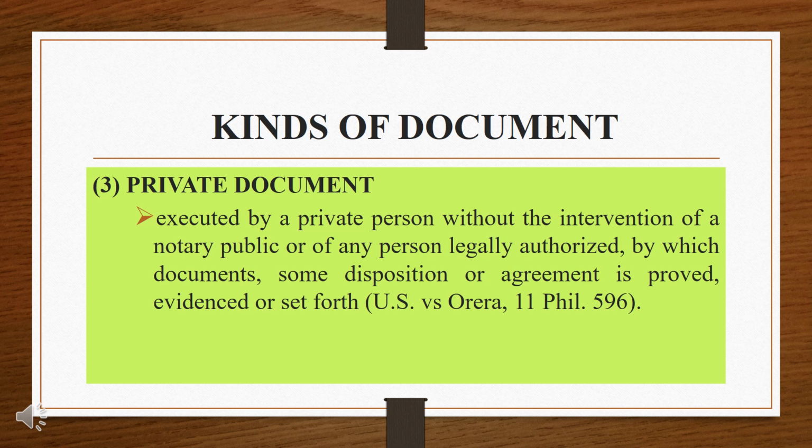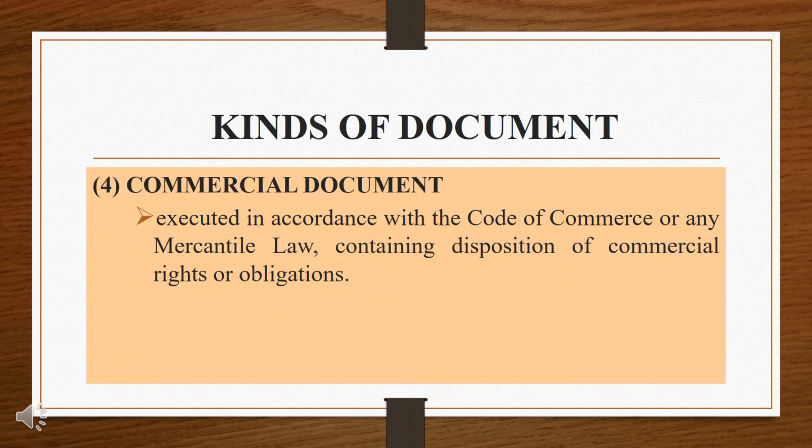U.S. vs. Ong, Volume 11, Philippine Report, page 596. Commercial document. Executed in accordance with the Code of Commerce or any mercantile law, containing disposition of commercial rights or obligations.